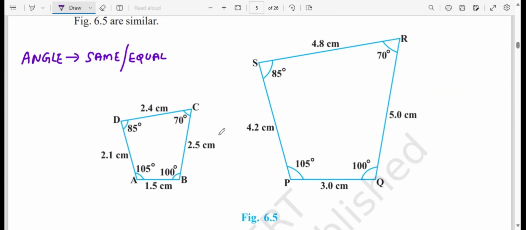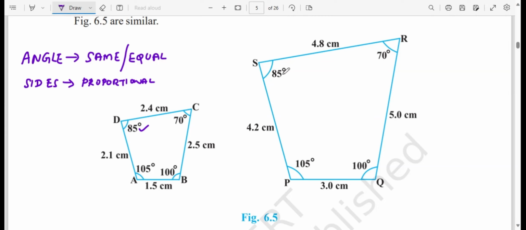Because if there is a change in angle, the shape of the figure itself is changing. The proportionality is applicable only for the sides. The sides need not be the same, they can be proportional, but the angles have to be the same.